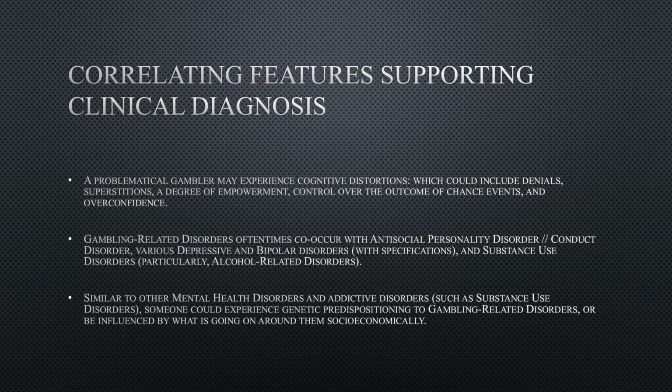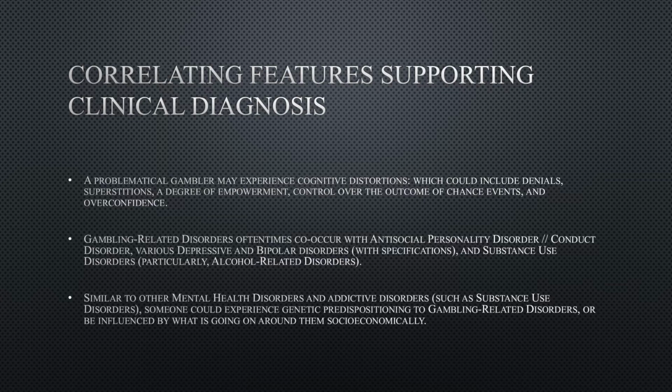There should be an understanding that a problematical gambler may experience cognitive distortions, which could include denials, superstitions, a degree of empowerment, control over the outcome of chance events, and, like I mentioned earlier in this presentation, overconfidence. They could feel as though today will be the day that I will walk into this casino or this gambling establishment and things will go my way.